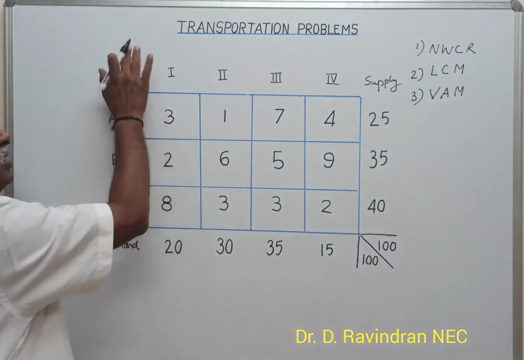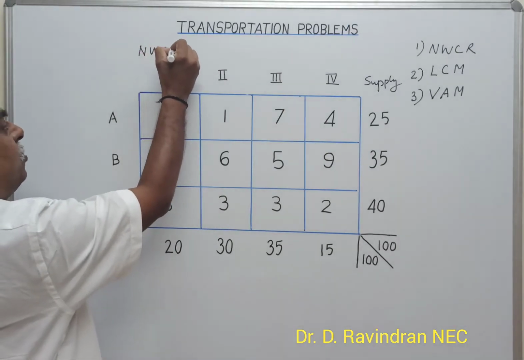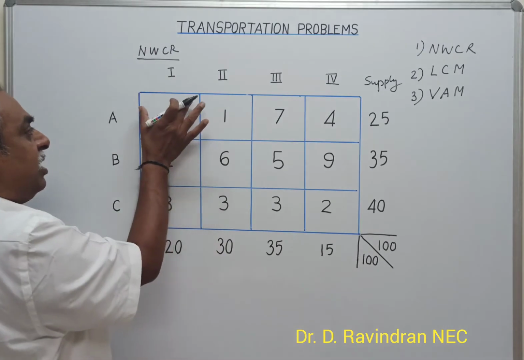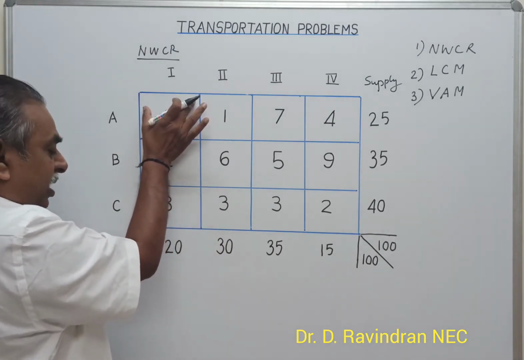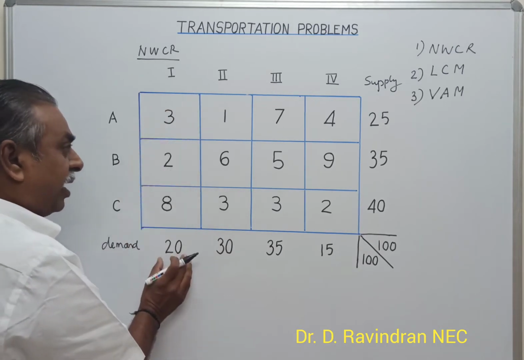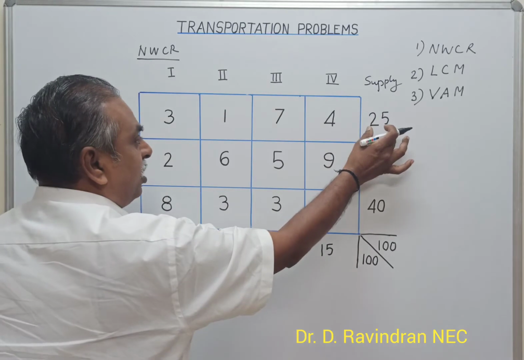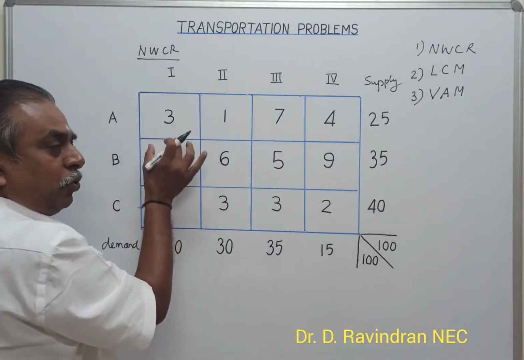Now first let us see this northwest corner rule. This rule is very simple. We are just concentrating on the northwest corner of the table. Here we analyze what the demand is and what the supply is. The supply is 25 units, the demand is 20 units, the center needs only 20 units.